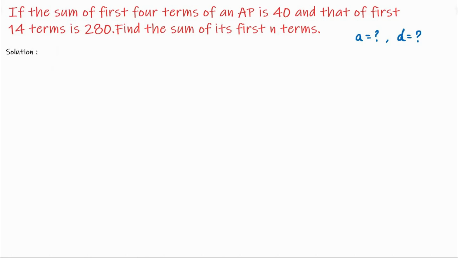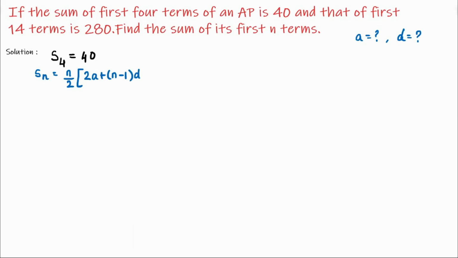So starting, first we read the first line, which is sum of first 4 terms is 40. So sum of 4 terms is given by S4 and which is given as 40. Now using the general formula of the sum of terms of an AP, which is Sn equals n by 2 twice of a plus n minus 1 times d.